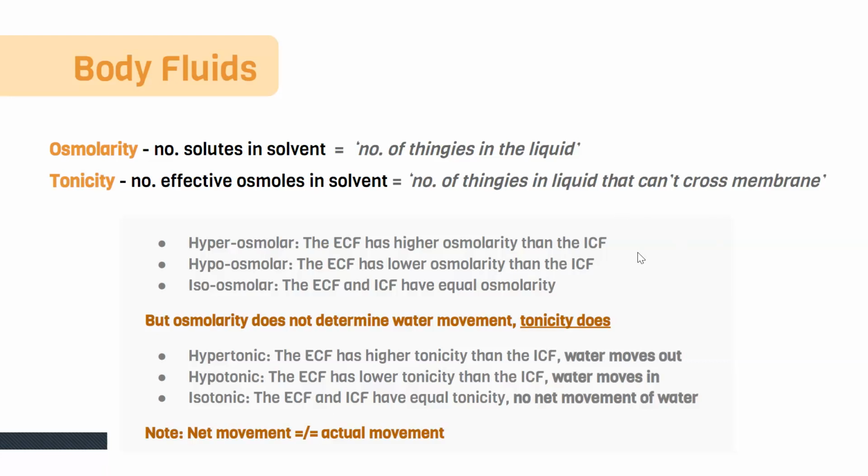So tonicity you may also see as effective osmoles, because that's really what's determining where water goes. Why? Because if a solute diffuses across the membrane, then it will naturally establish an equilibrium balance on both sides. But if it cannot cross the membrane, then it will accumulate more either on the inside or the outside, for example, and that means water will follow it.